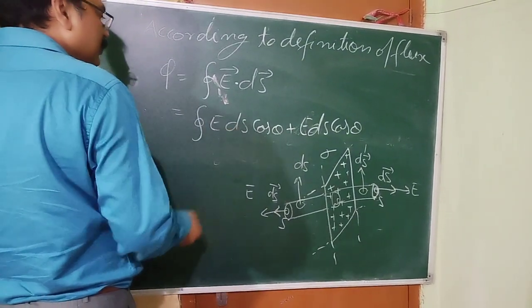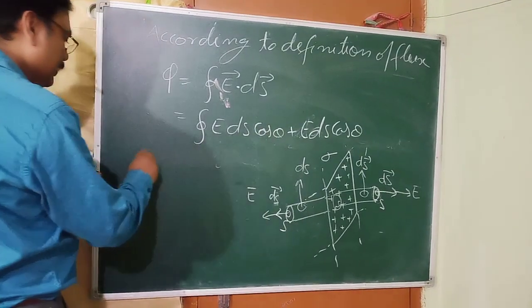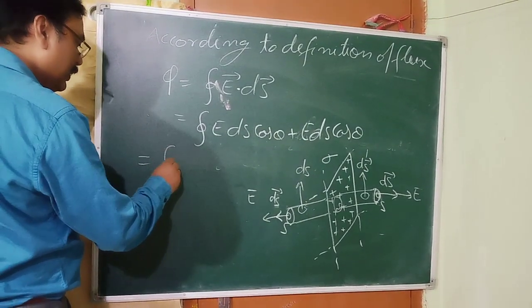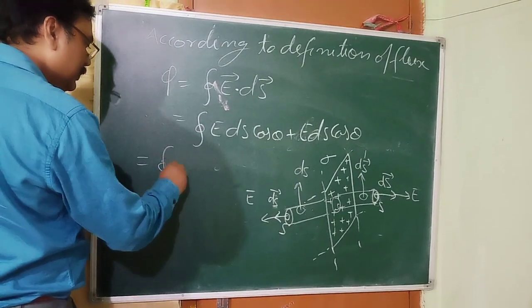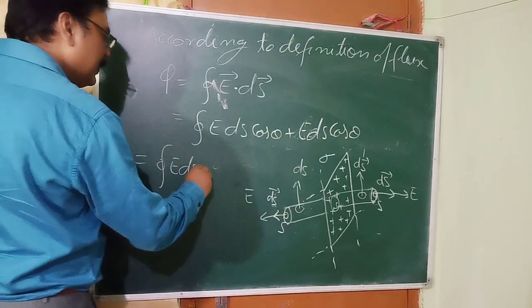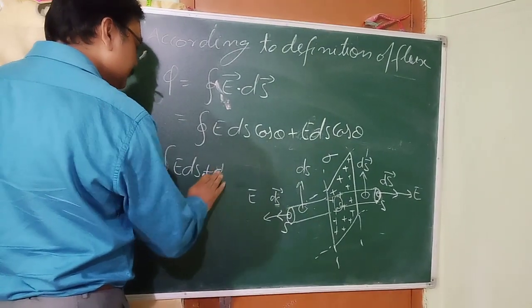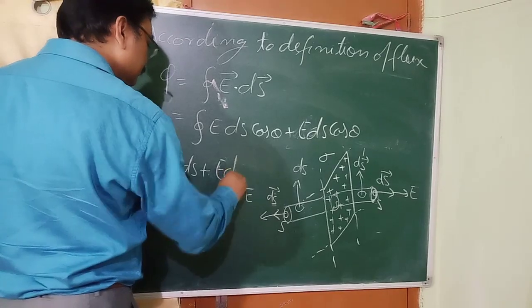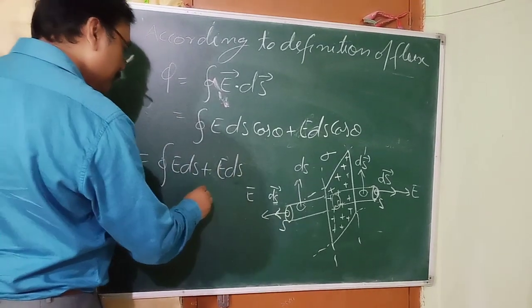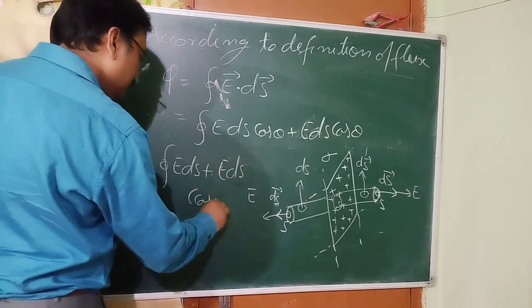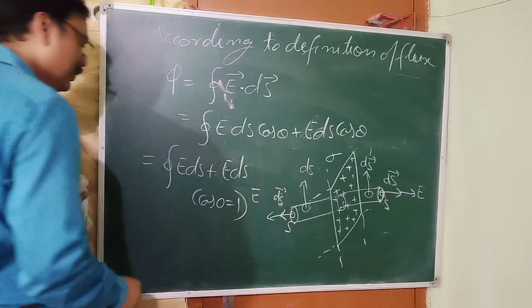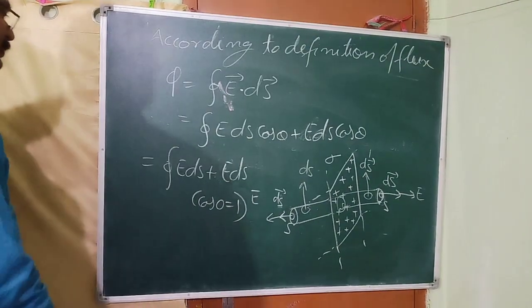And this theta is actually 0, so we can write simply E ds plus E ds, because cos 0 is equal to 1.